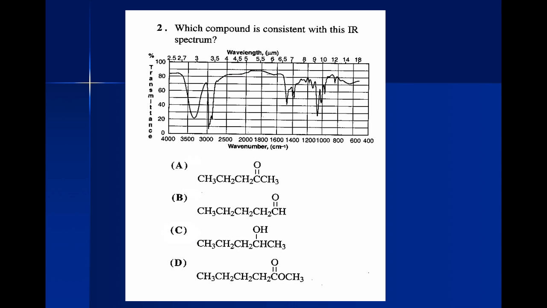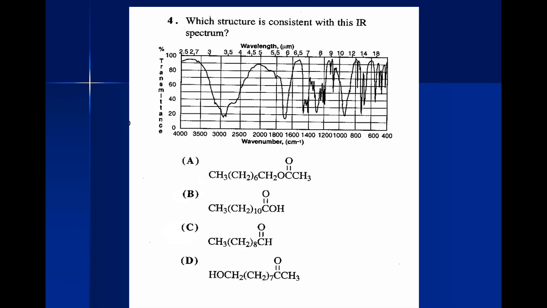Let's go back. There's an OH, right? Notice it's symmetrical, and it largely stays out of the way of the CHs, unless we had an alkyne, right? It largely stays out of the way of the CHs. A carboxylic acid, however, the OH actually starts to interfere with the CH, and it's really broad and nasty looking.